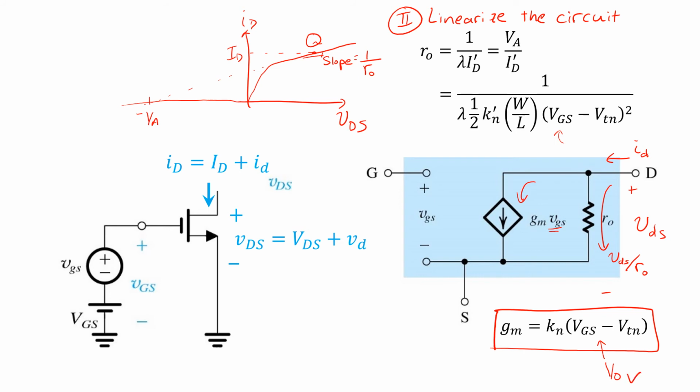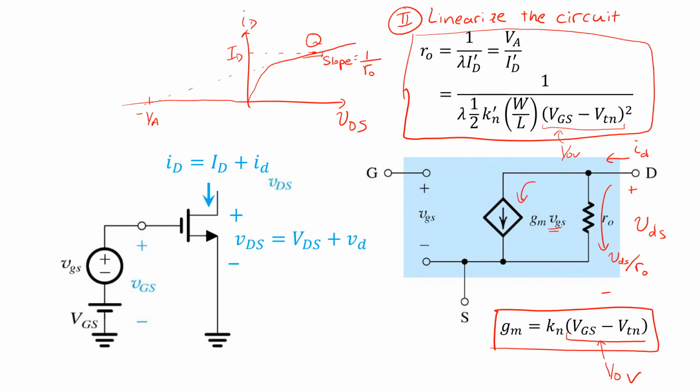And now we have this extra term to linearize, the output resistance RO. Again, we do so in this expression in terms of the DC operating point overdrive voltage, VOV, VGS minus VTN. And we substitute in a little bit more complicated small signal model to complete the analysis.